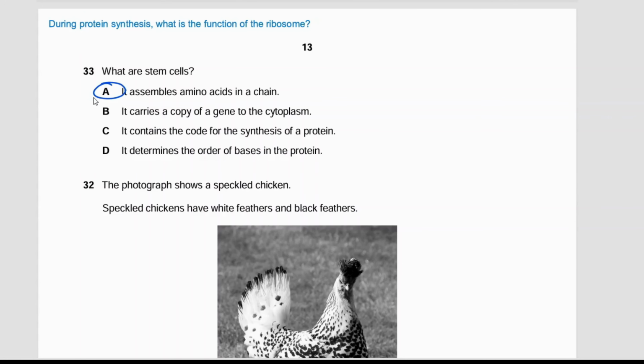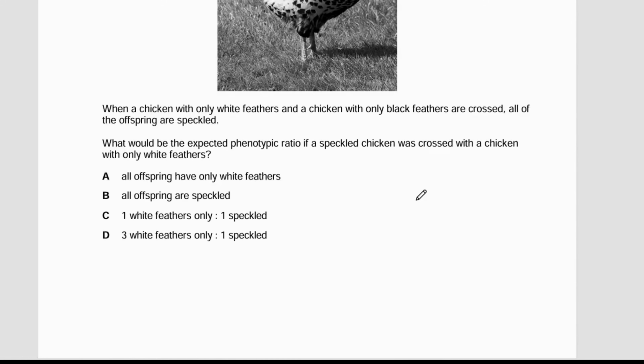The photograph shows a speckled chicken with white feathers and black feathers. Now, we have to do the calculation. When a chicken with only white feathers and a chicken with only black feathers are crossed, all of the offspring are speckled. It means they are heterozygous. What would be the expected phenotypic ratio if the speckled chicken was crossed with the chicken with only white feathers?